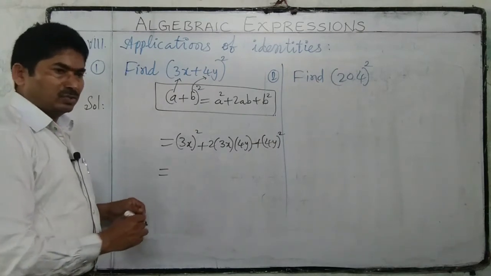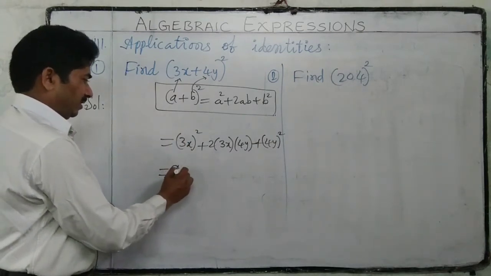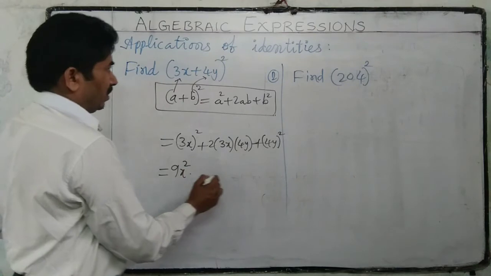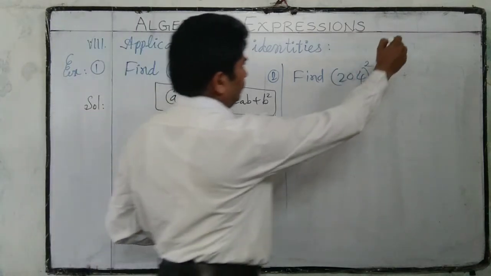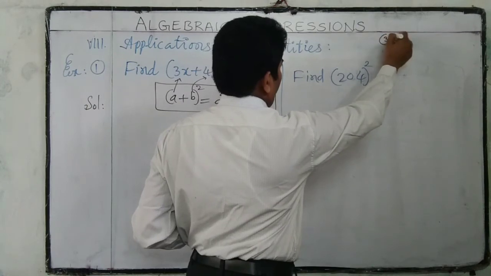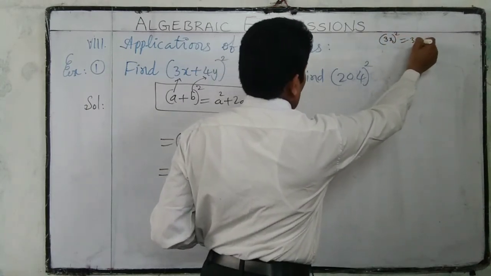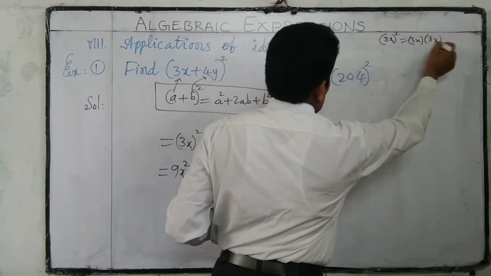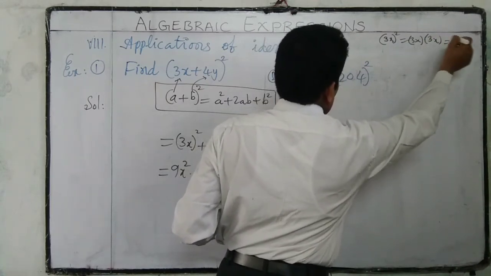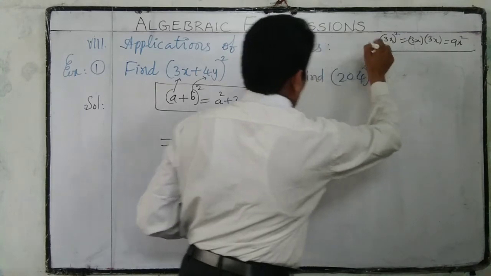3x whole square is equal to 9x square: 3x into 3x, 3 3s are 9, x into x, x square.